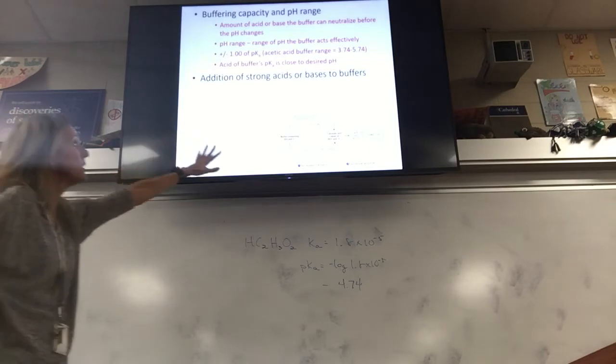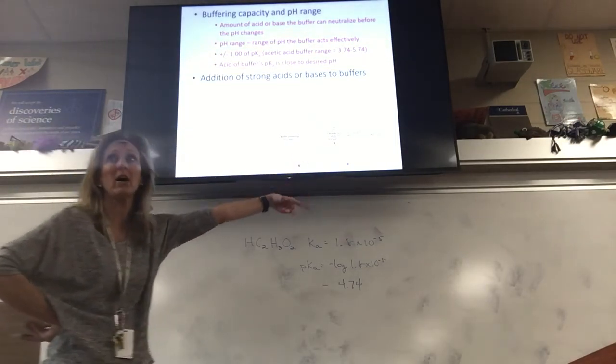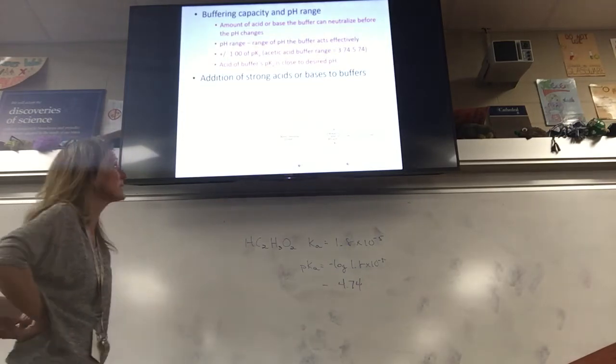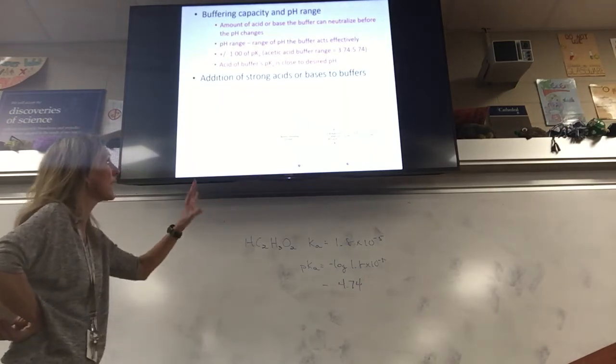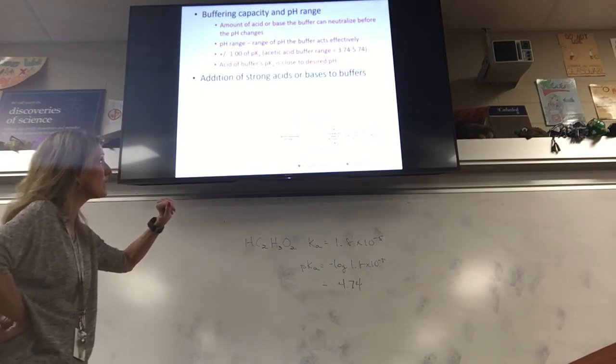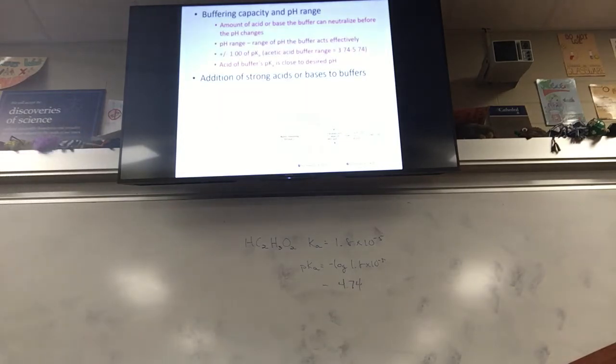So again, as we talked about before, this little diagram shows how buffers are able to resist drastic changes in pH even when we add a strong acid or strong base to it. The strong acid or strong base gets completely used up.